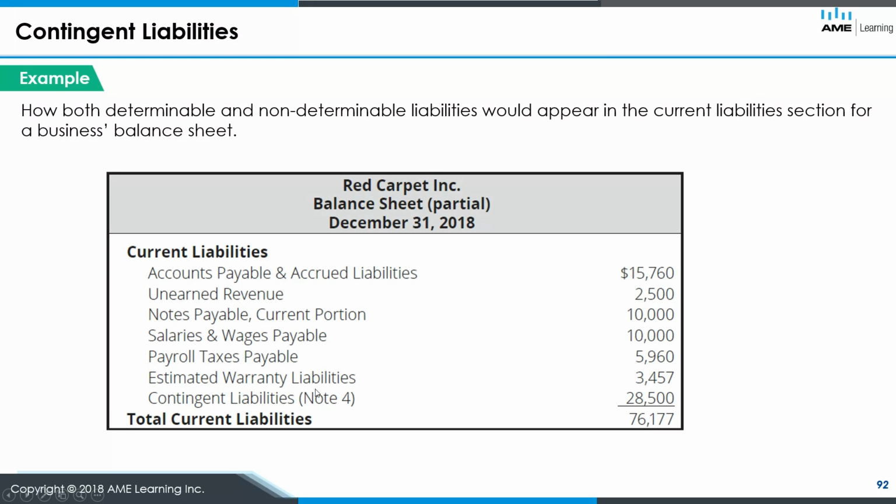And then this parentheses with it saying note 4 means that there is a footnote or kind of a whole explanatory paragraph section in the financial statements that you can go back to look at if you're reading the financial statements to further learn what this contingent liability is all about. It'll tell you the circumstances and provide some extra detail.